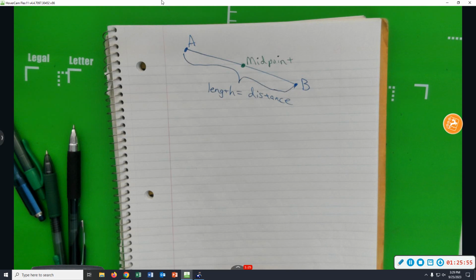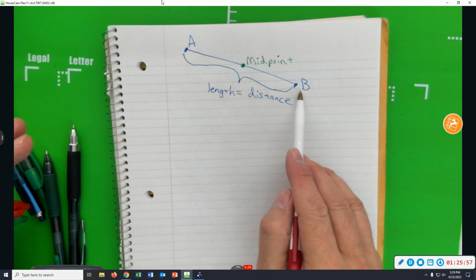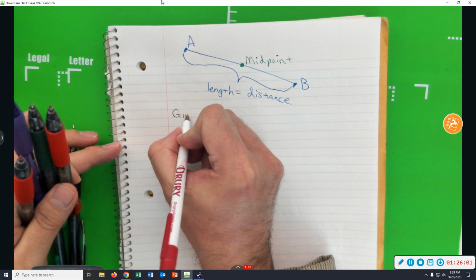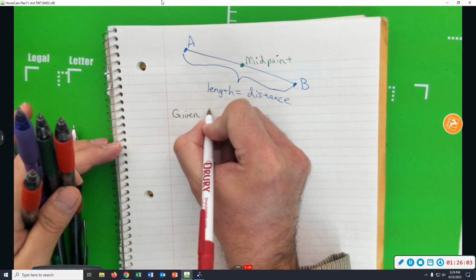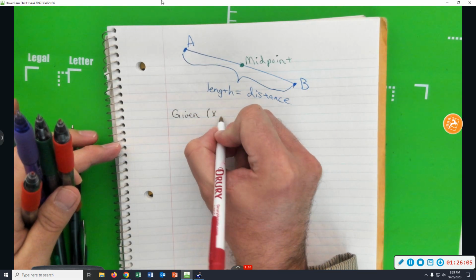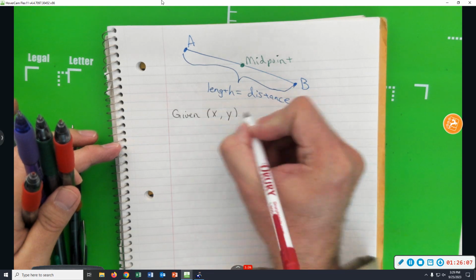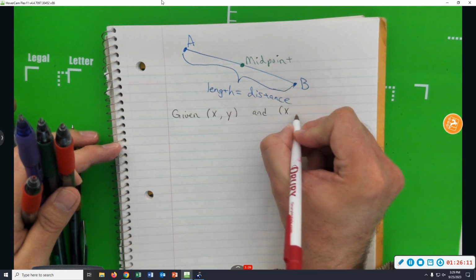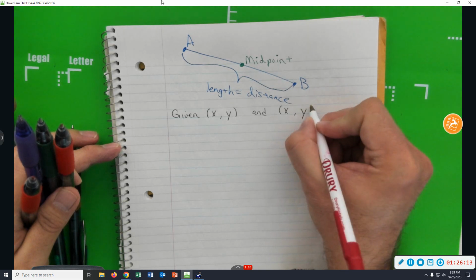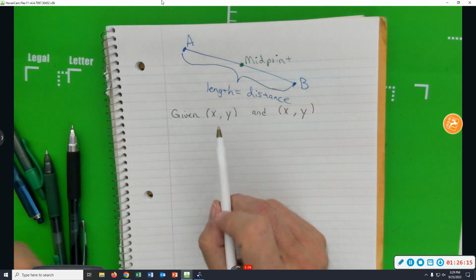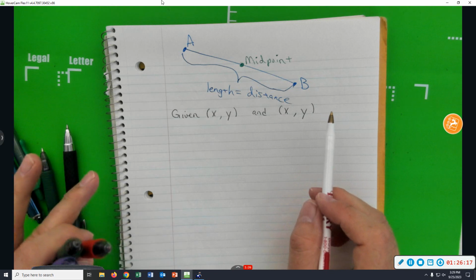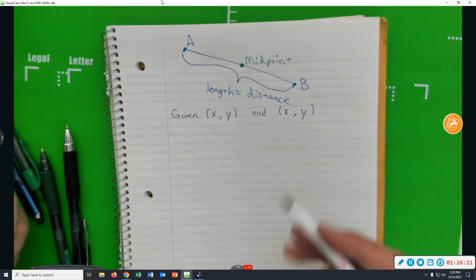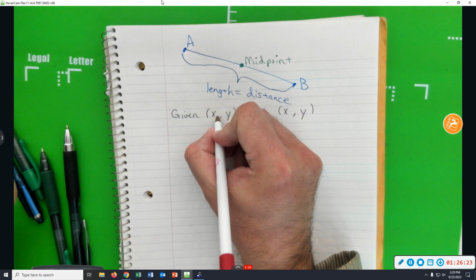Okay then. We're going to need two ordered pairs. And so I'm going to say given. Now, ordered pairs are always in the form (x, y), but there's something wrong with how I'm writing this. I can't just use x, y for both of the ordered pairs, because how do you distinguish them? So I'm going to use a subscript.